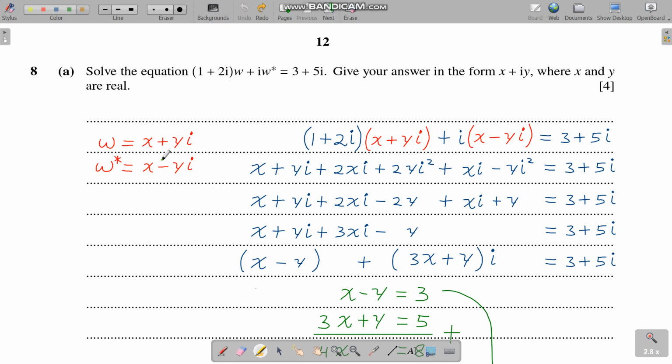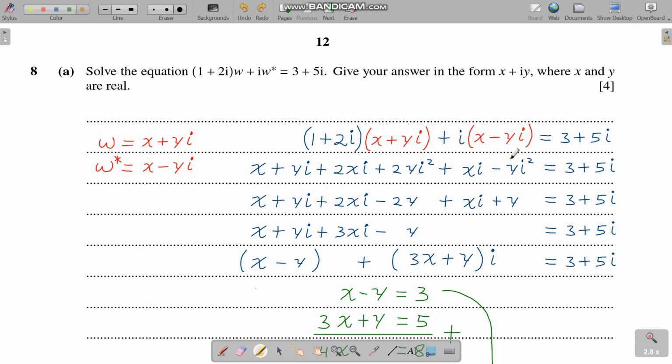Okay, so now we replace w and w* with x + yi and x - yi, and then we do the algebra. We expand everything: 1 times x, 1 times yi, 2i times x, 2i times yi, and i times x, i times minus yi.